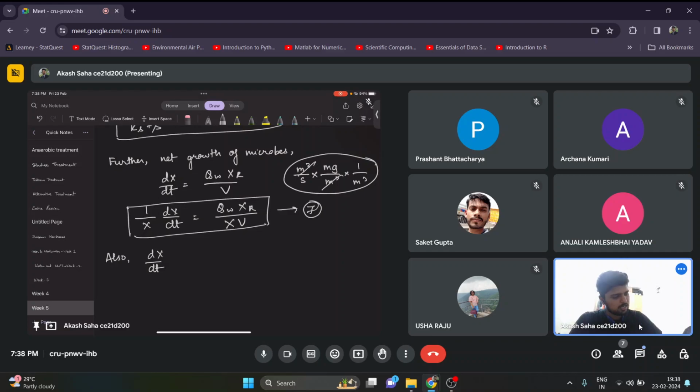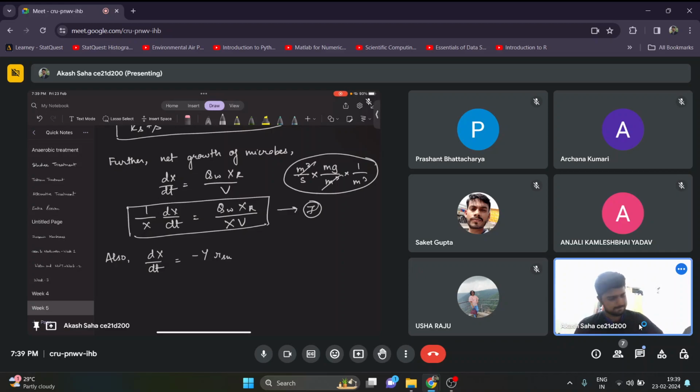So again, ds by dt can also be written as y into RSU, that is the rate of substrate utilization. Okay, that is also I can write as dx by dt. That is also we can do.